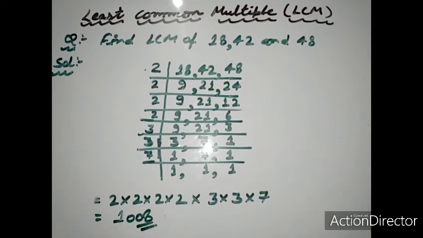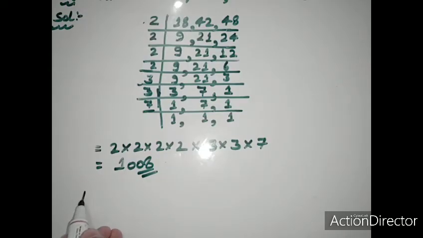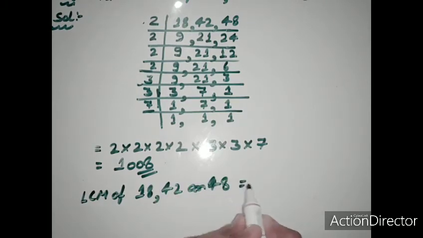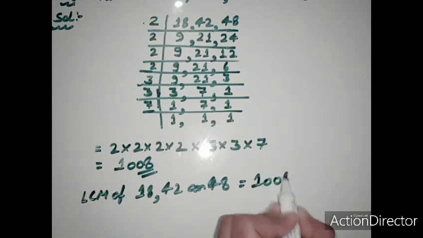So here we say that LCM is equal to 1008. Here we write the LCM of 18, 42 and 48 is equal to 1008.